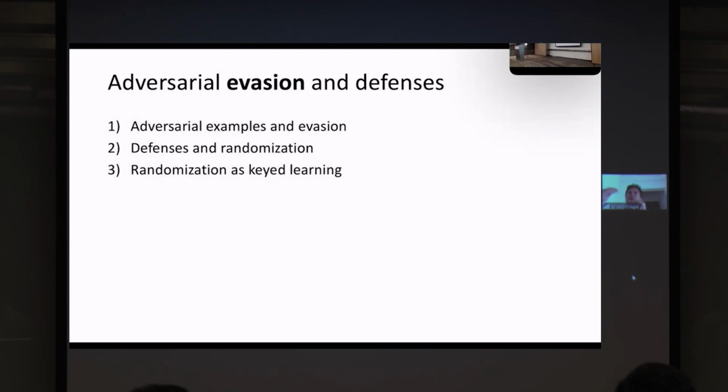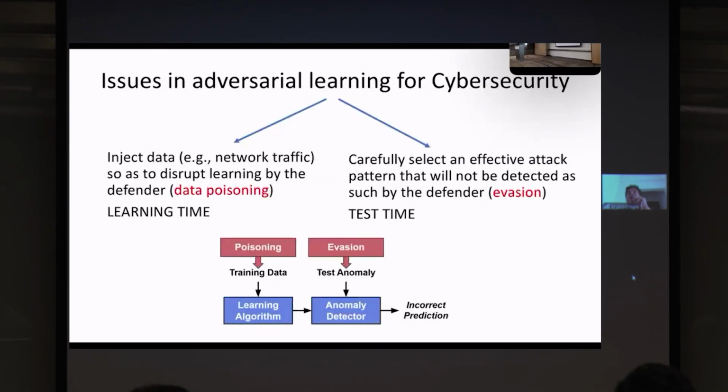And people started more and more trying to see how you can attack the classifier in order to bypass security and to make a security solution work in the wrong way.